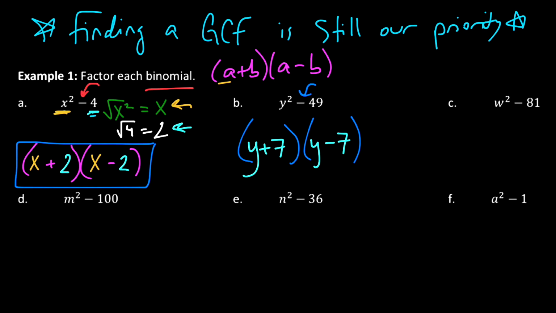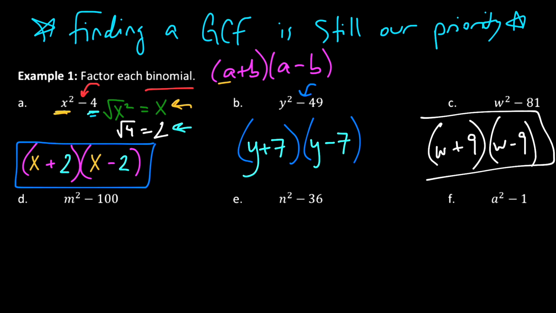Example number 3, we have w squared minus 81. Well, 81 is a perfect square. The square root of 81 is 9. So we can fill those in, and w squared comes from a w times a w. And so we're done. And you're going to see that as you start to work with these more and more, they are very, very straightforward.